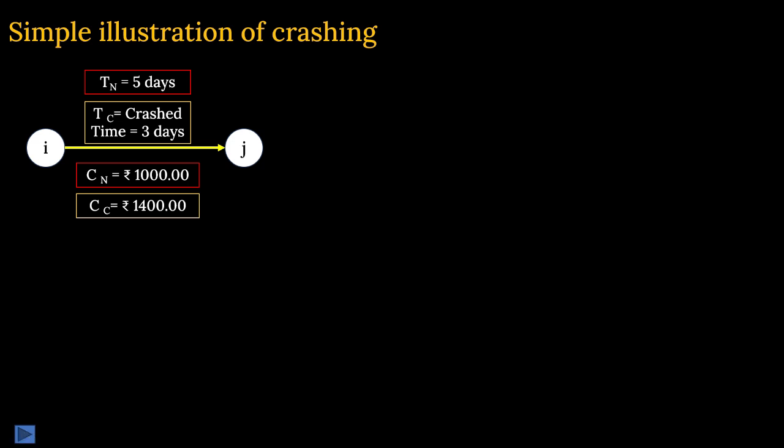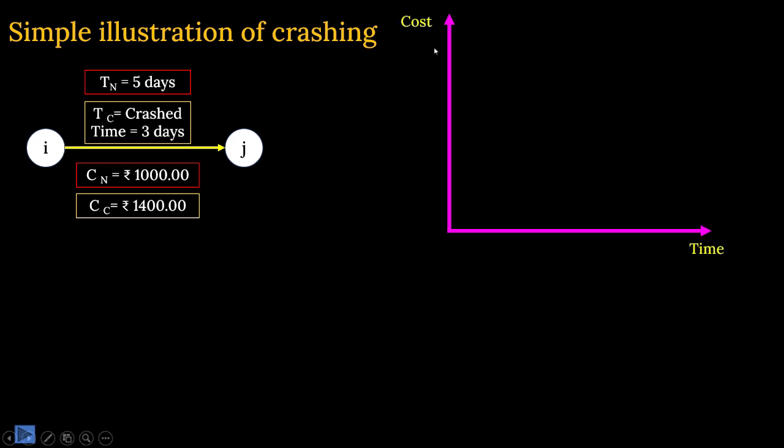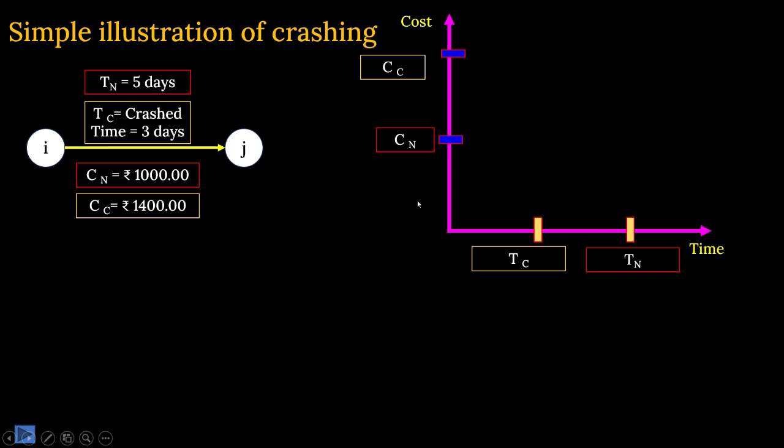Now let us see in terms of a graph. Here you can see the x-axis represents the time, the y-axis represents the cost, and you can see the normal time is always greater than crash time. So you can see that this is your normal time here, and this is your crash time. Normal time was earlier in this higher position, crash time is less, and here normal cost was here, and due to crashing, cost has become higher.